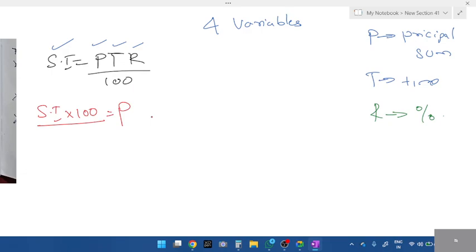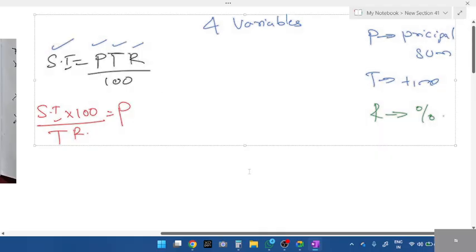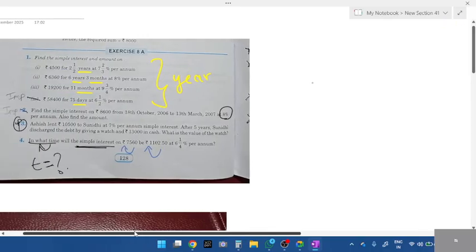If you want to find the value of P, what happens to 100, students? It goes to the other side, divided by TR, right? Did all of you understand this? So for principal you'll have a formula, for rate a formula, for time a formula. 4 different questions I want you to solve.